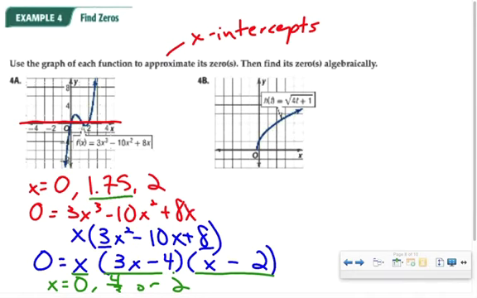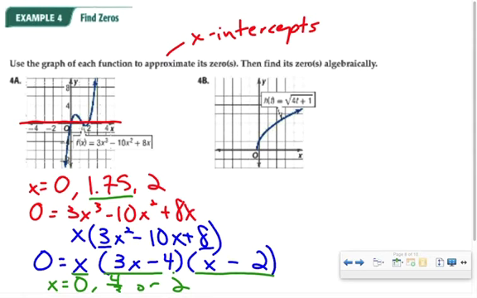So this one, I was a little bit off, but the 0 and 2 were accurate. But at least the 1.75 approximation is between 1 and 2, and that 4/3 that I found algebraically is also between 1 and 2. So my approximation is somewhat supported by my algebra.